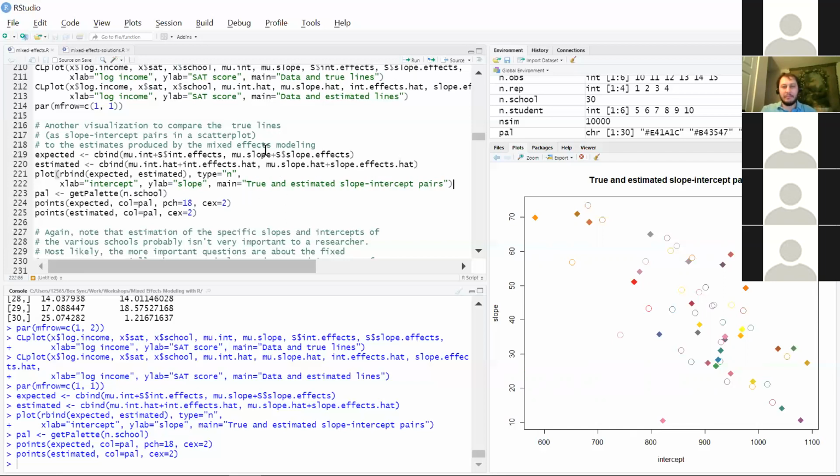But it's good to make plots like this, for example. I mean, it depends on the context. Sometimes it's really hard to make plots, but just try to visualize the random effects. Okay, so you can't make plots like this because you don't have the true values, but you could just make the scatter plot of the estimates.